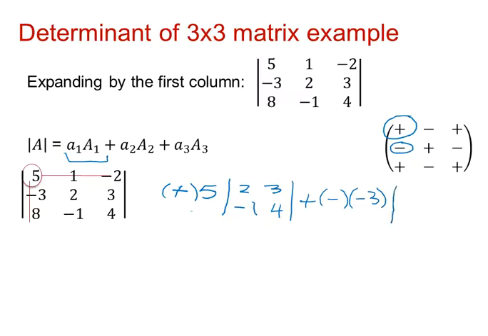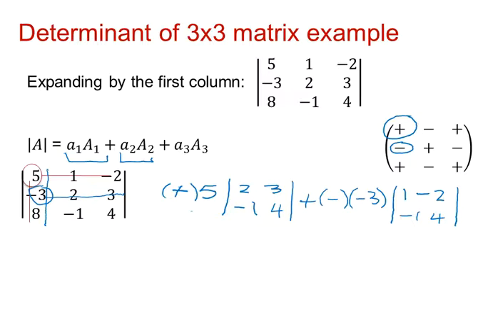And if we were to circle and cross out that row and column, you can see that the matrix would be 1, minus 2, minus 1, 4. In other words, we've put the components of A2 together.